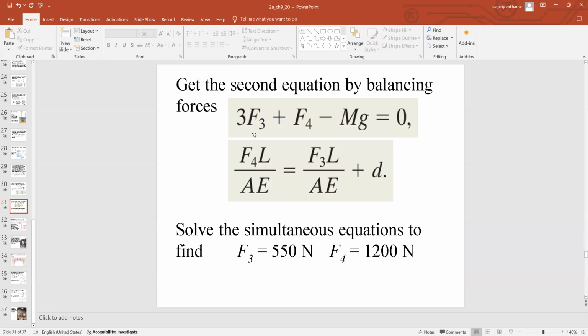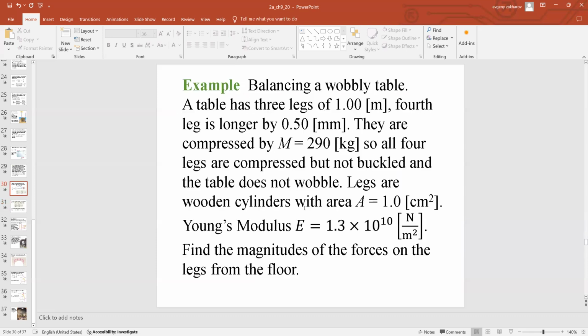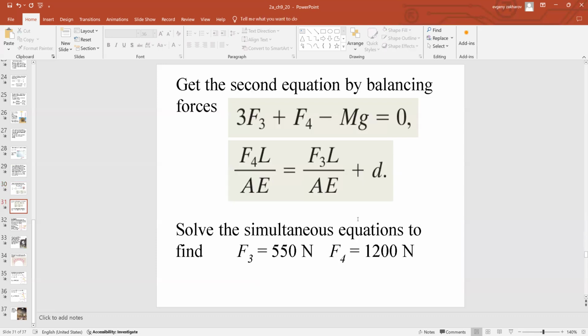Yeah, you have three forces from three legs and the fourth force from the fourth leg, and it's the gravity from the load that is the force in the opposite direction. Balance of forces means you have zero on the right side. And the previous equation, I'm just copying it here. So this is the system of equations.